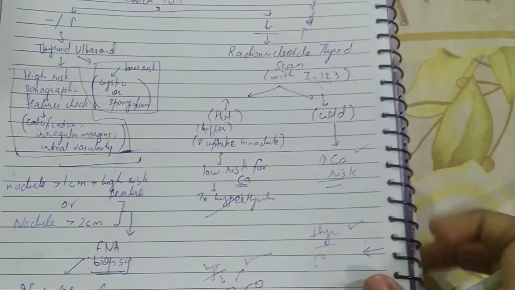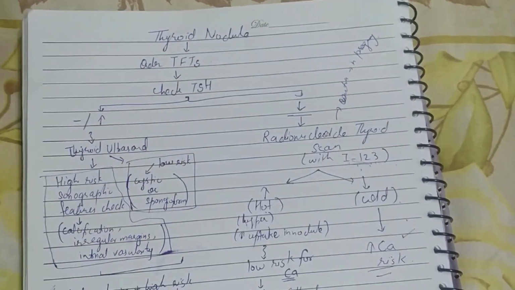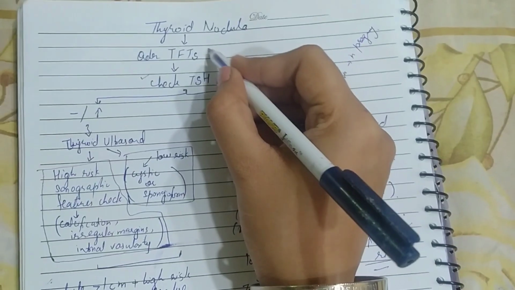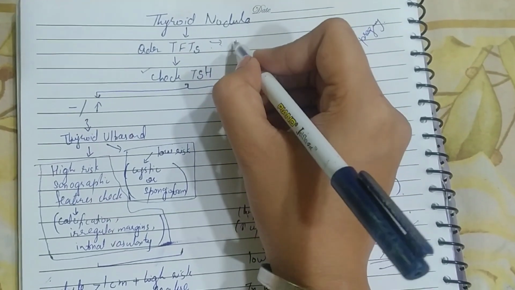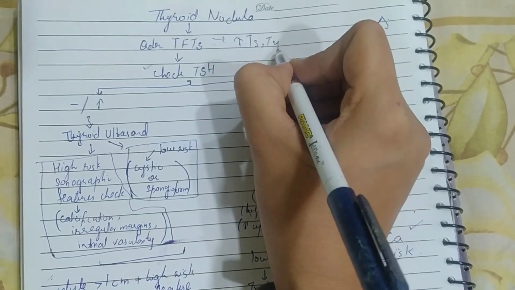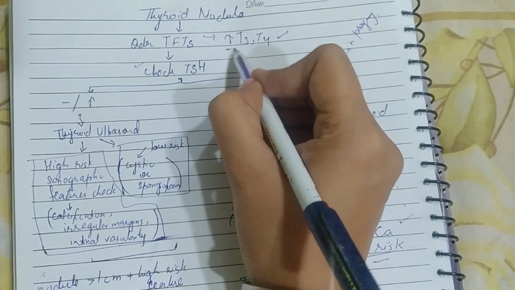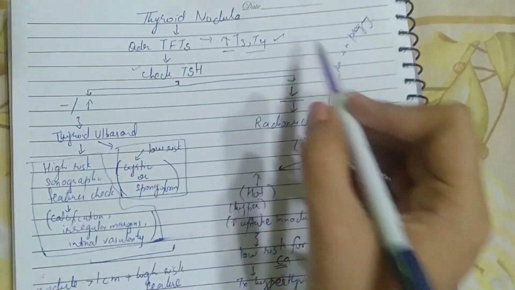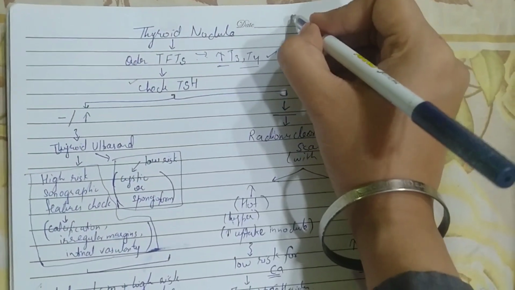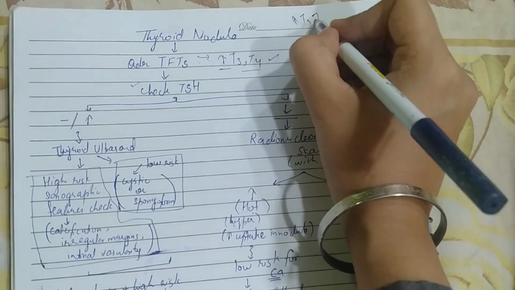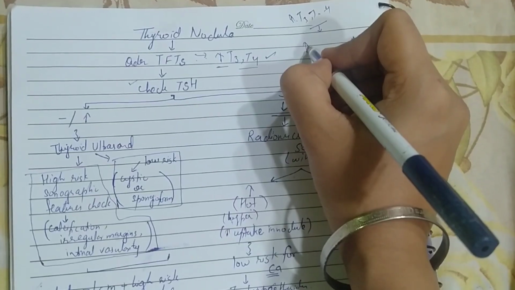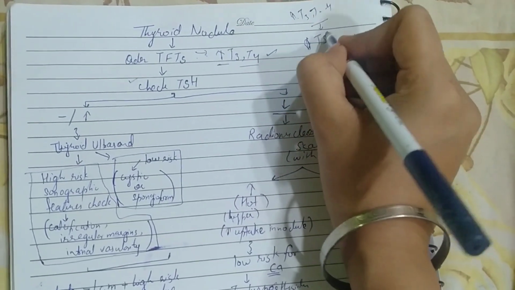Now, a twist. Most students make a mistake here. When we order TFTs, if T3 and T4 are increased, then in the feedback loop the TSH will be decreased, right?